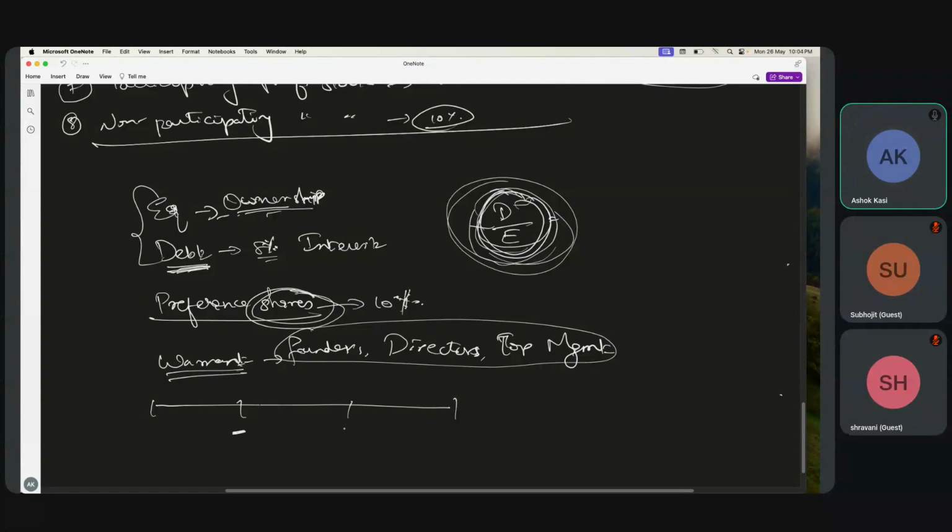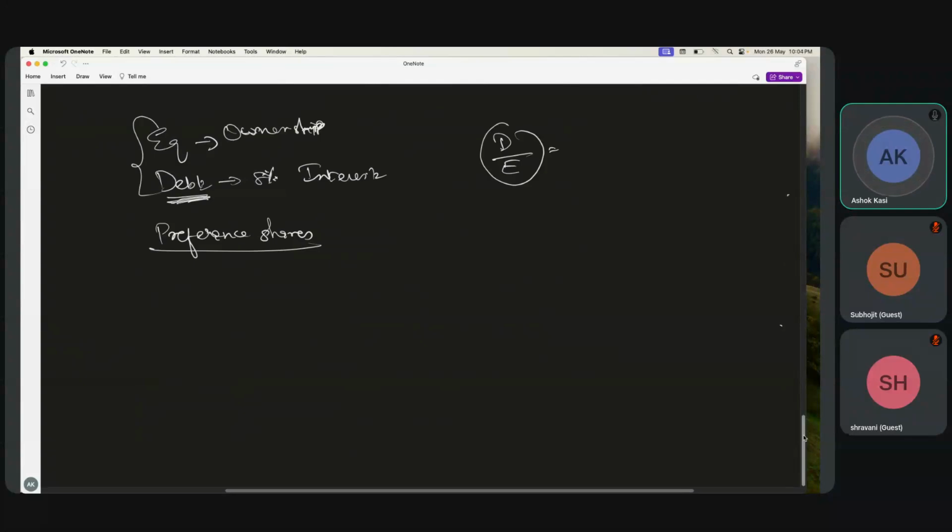So nothing here, nothing here. This is 0, 1, 2, 3. Imagine it's a 3-year warrant. Generally, a warrant will be for 3 to 5 years. It is also called long dated options. Options you will learn in derivatives.